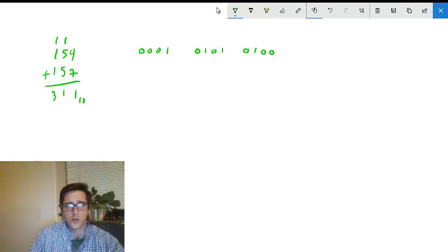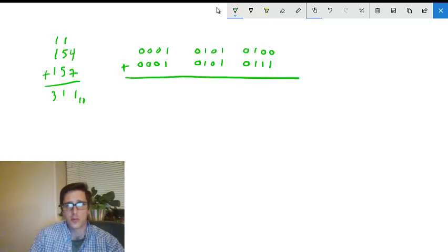So that's 1, 5, 4. 157 has a 1 in the hundreds place. So it has 5 in the tens place, and it has 7 in the ones place. Okay, and we just add these together with normal arithmetic.